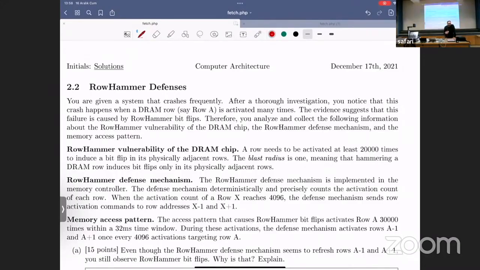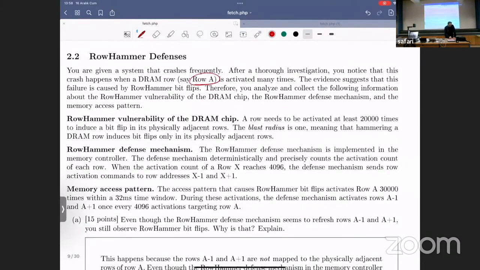When we investigate why this happens, we see a correlation: with a certain access pattern, we observe bit flips, and this access pattern happens to be activating a row A many times. So different from the first question, here we have a mechanism that tries mitigating or defending against RowHammer.